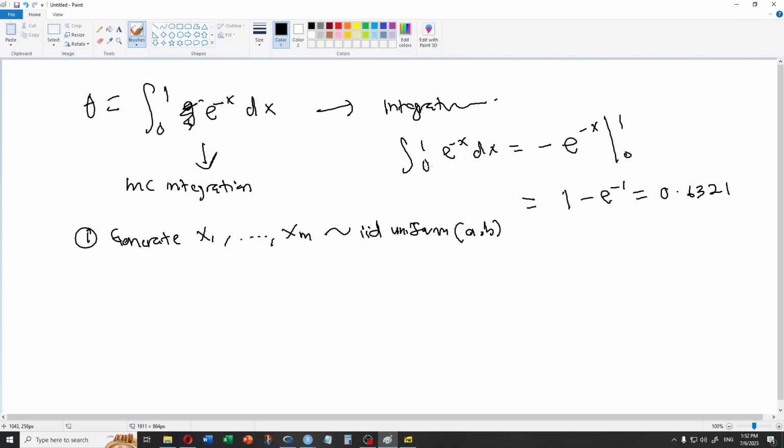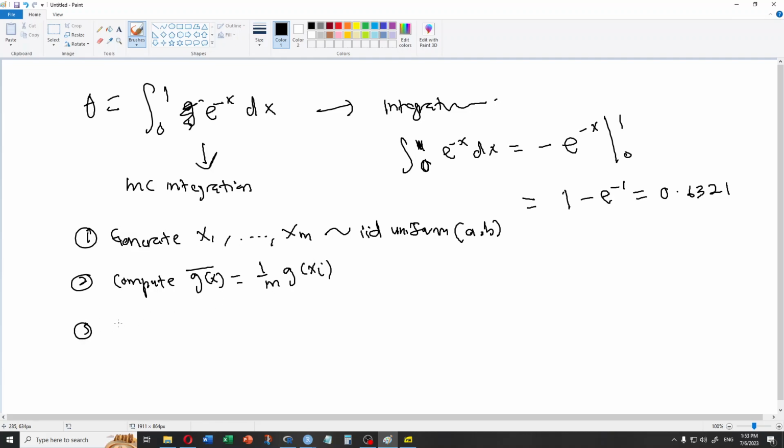In this case, because it's from 0 to 1, this is uniform from 0 to 1. The second step is to compute the mean of g(x), which is given by 1 over m times the sum of all the g(xi).